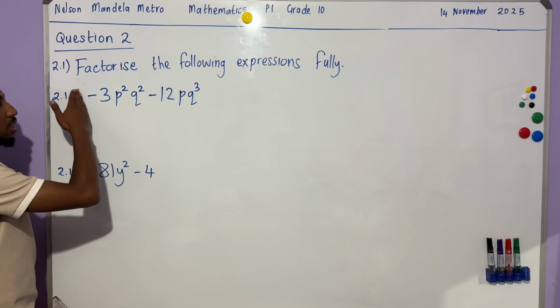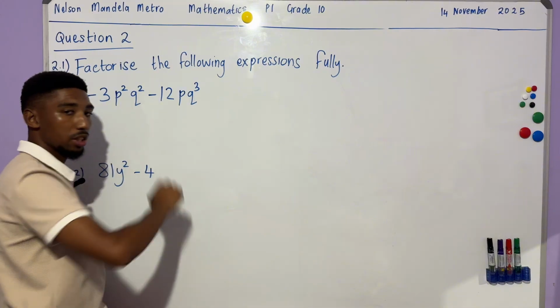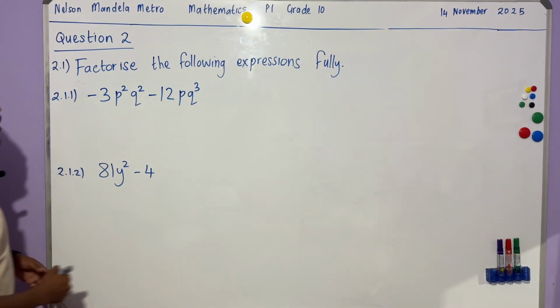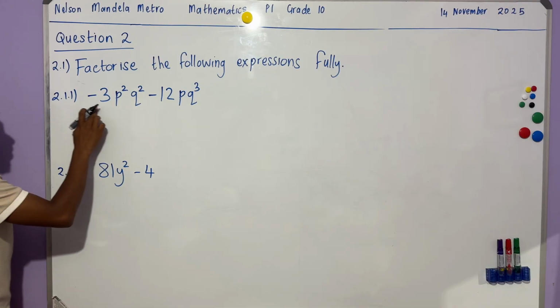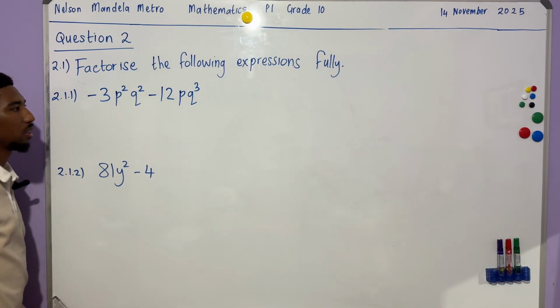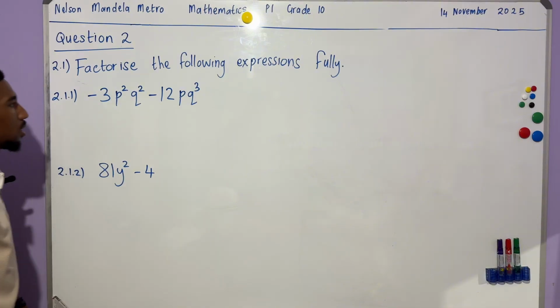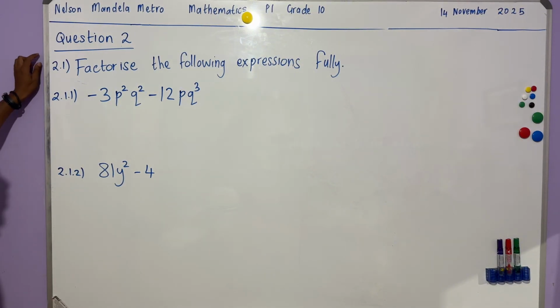Question 2 says factorize the following expressions fully. 2.1.1: minus 3p squared q squared minus 12pq to the power of 3.